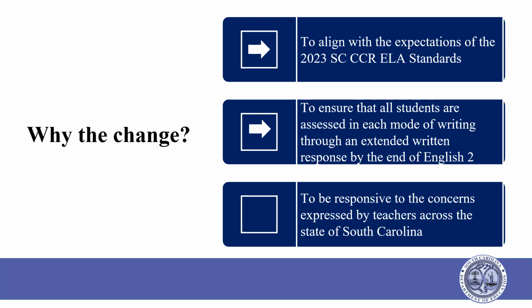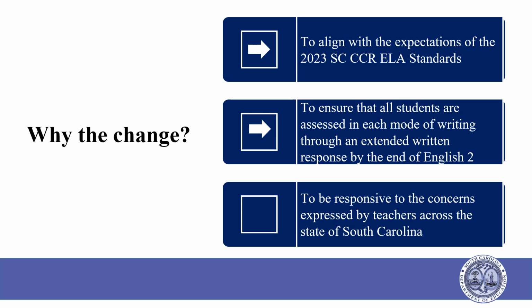The current TDA item is aligned to Writing Standard 2 at each grade level, 3 through 8, and English 2. The new text-dependent writing items are aligned to narrative writing in grades 3 and 4, argumentative writing in grades 5 and 6, and either informative writing or argumentative writing in grades 7, 8, and English 2.